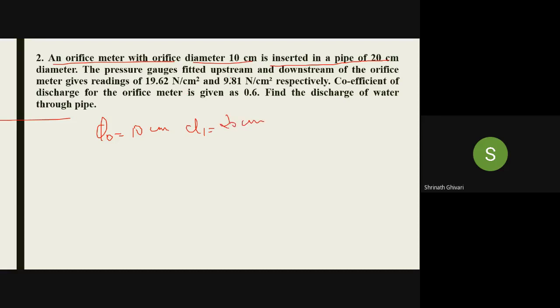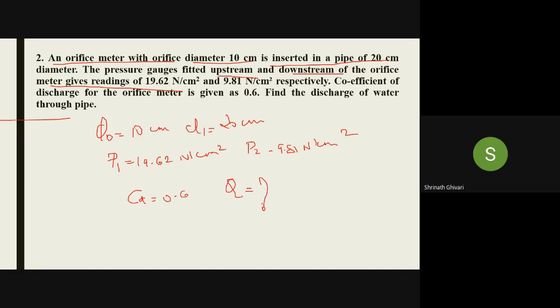The pressure gauges fitted upstream and downstream of the orifice meter give readings of P1 equal to 19.62 Newton per centimeter square and P2 equal to 9.81 Newton per centimeter square respectively. Coefficient of discharge CD is 0.6. Find the discharge of water through the pipe.